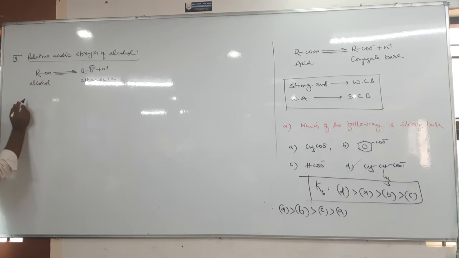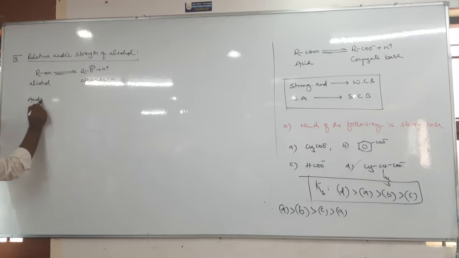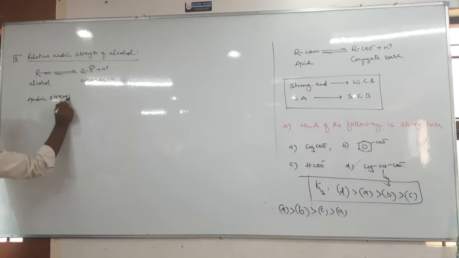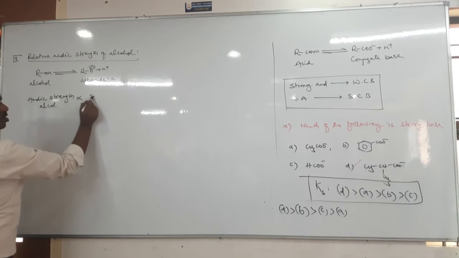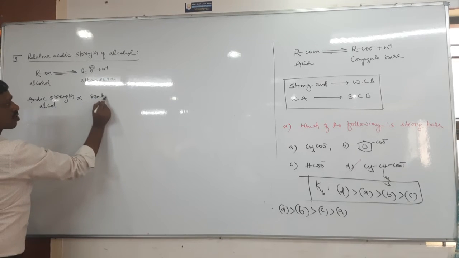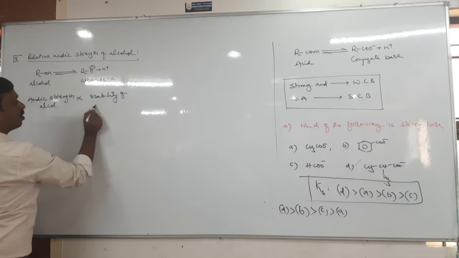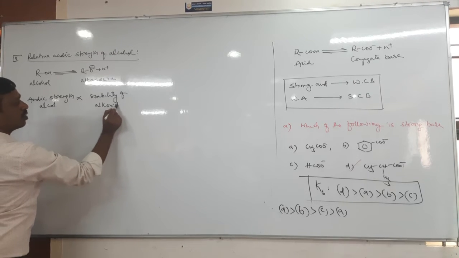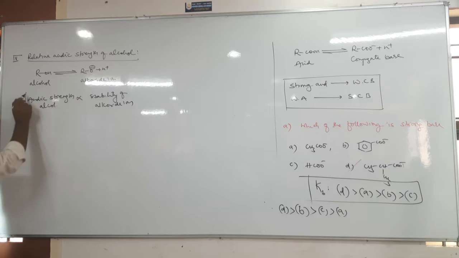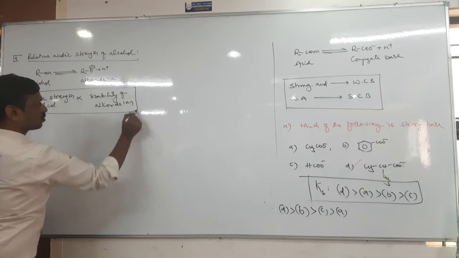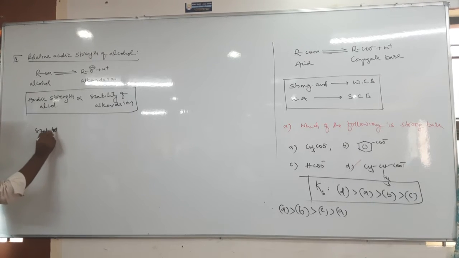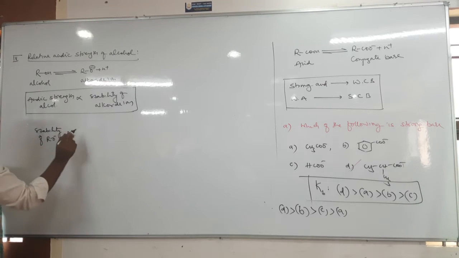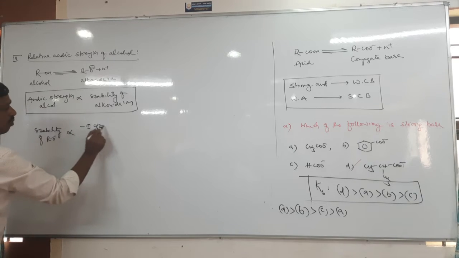One, acidic strength of alcohol is directly proportional to the stability of the alkoxide ion. Next, the stability of the alkoxide ion RO minus is directly proportional to the minus I effect.